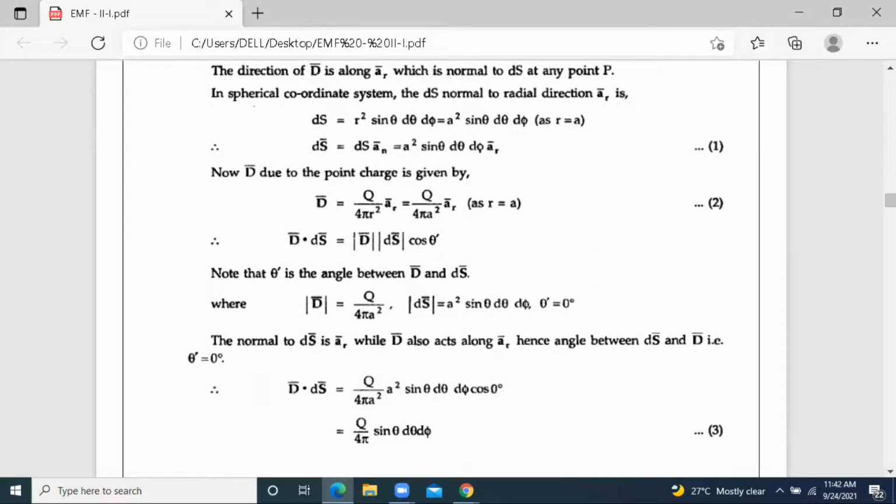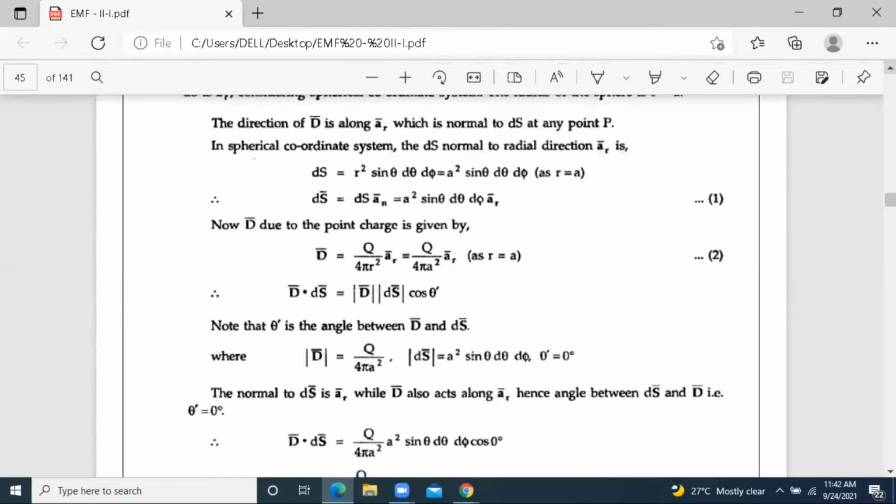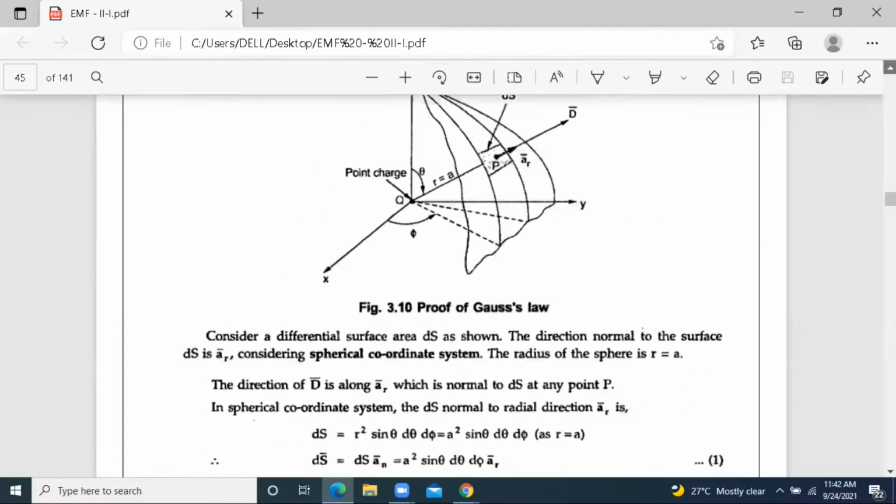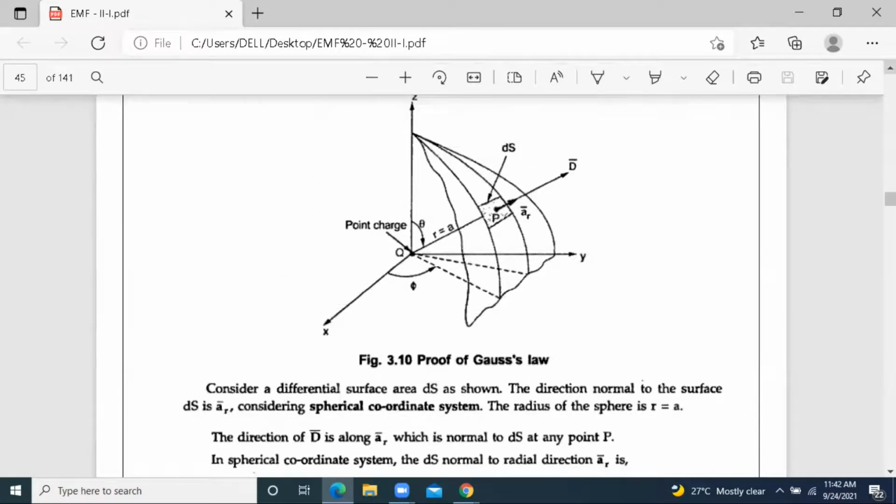So the only challenge you really have is to choose the correct surface here, right?